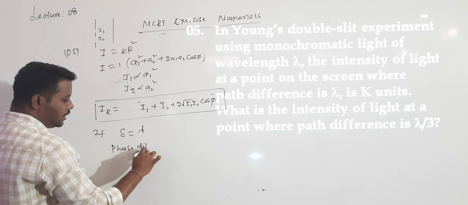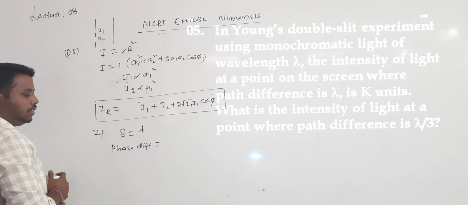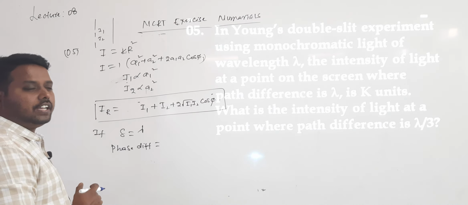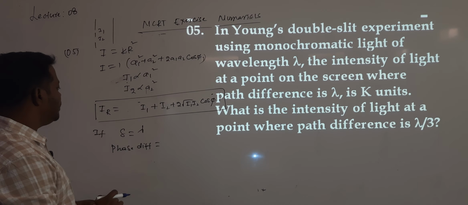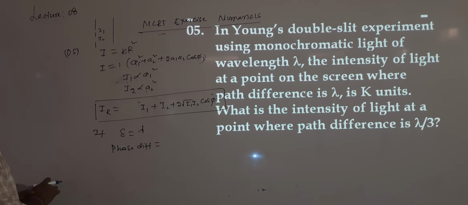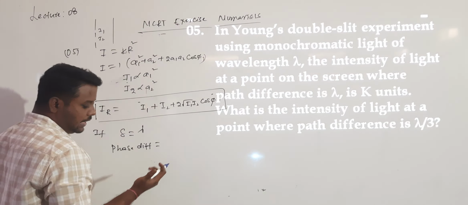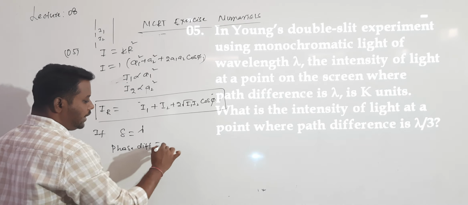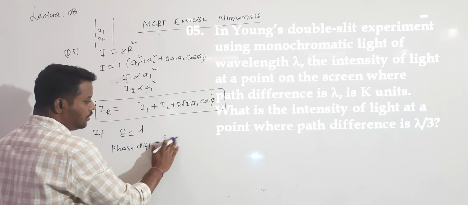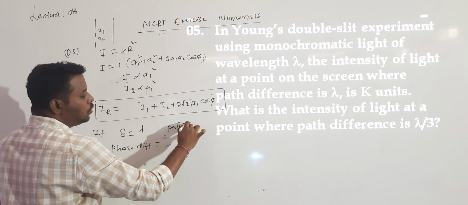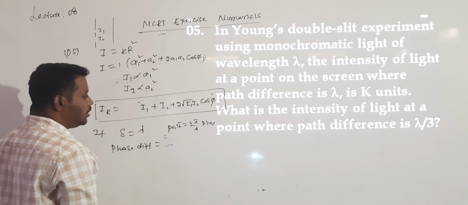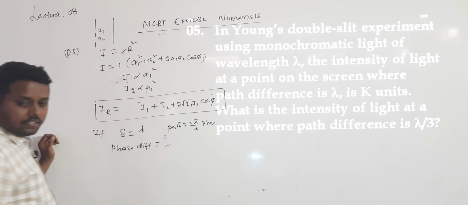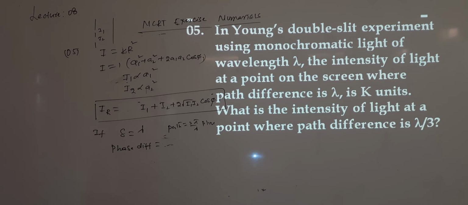Phase difference is equal to 2 pi by lambda into path difference. So what will the phase difference value be whenever the path difference is lambda? The relation between the phase difference and the path difference: phase difference is equal to 2 pi by lambda into path difference. Correct?